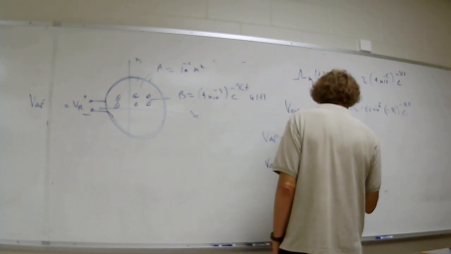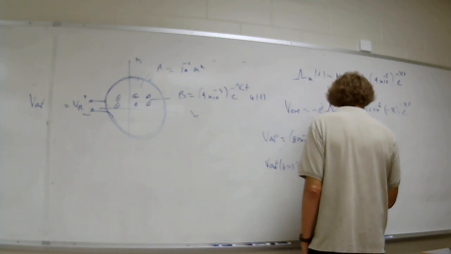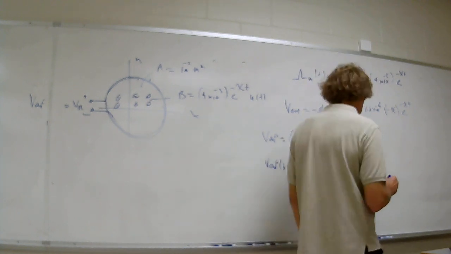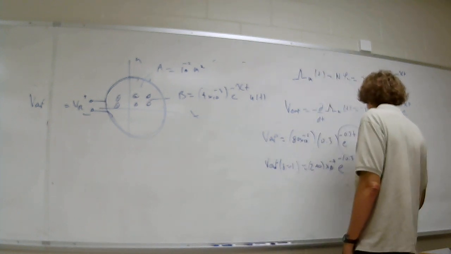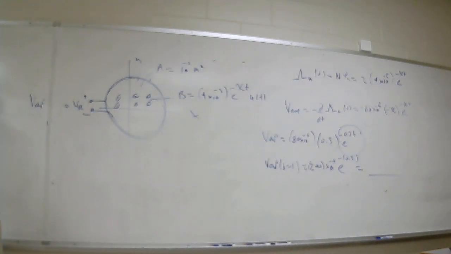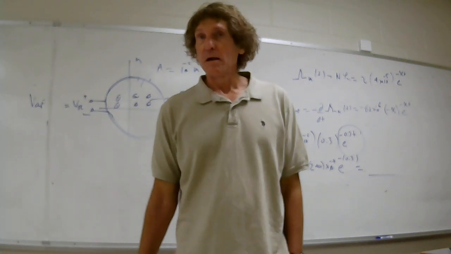Times 10 to the minus 7, e to the minus 0.3 in 1 second, did you say? Yep. All right, so it's 0.3. I don't know what e to the minus 0.3 is, but you can tell me. It's 17.8 microvolts. Is that right? Yes. I referenced the book, it's very different. Are you all with me?